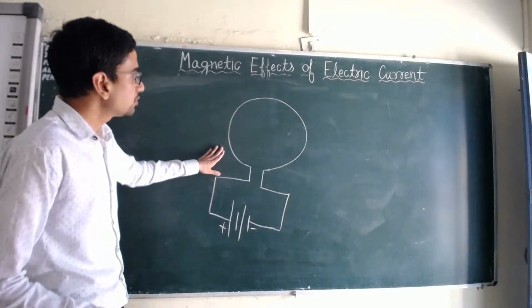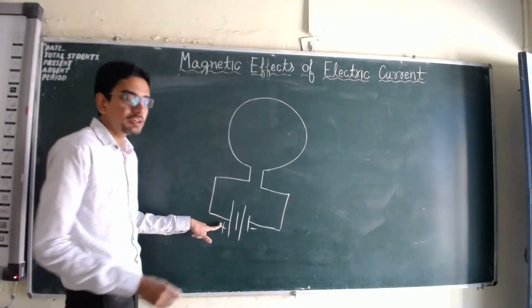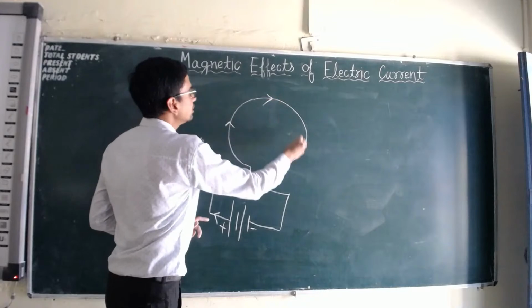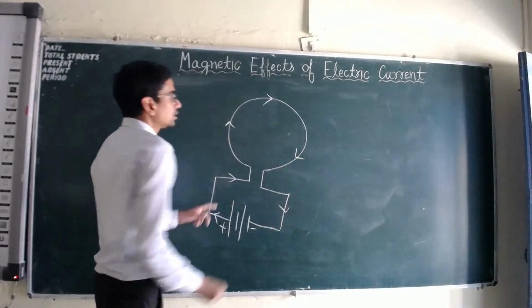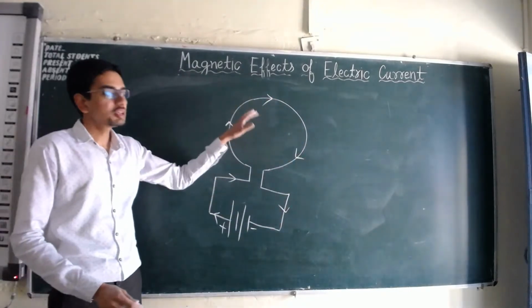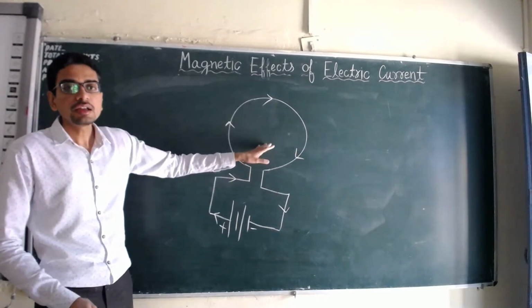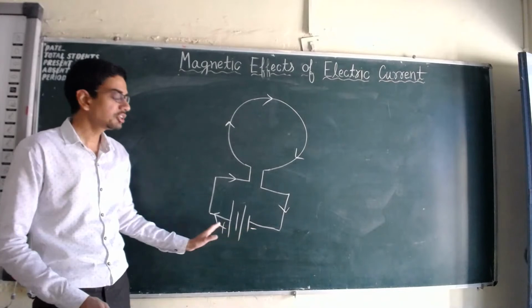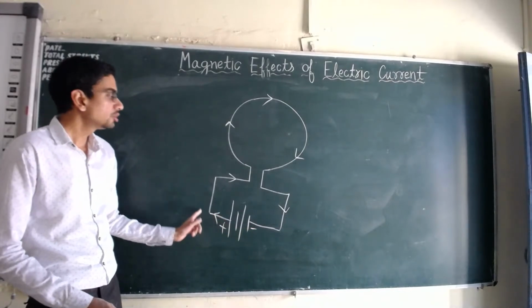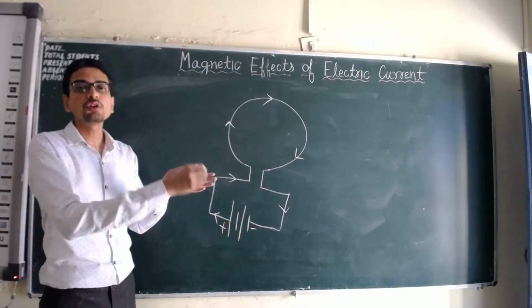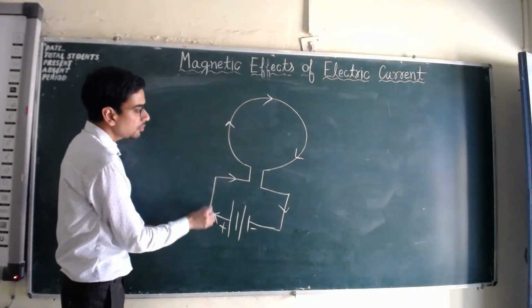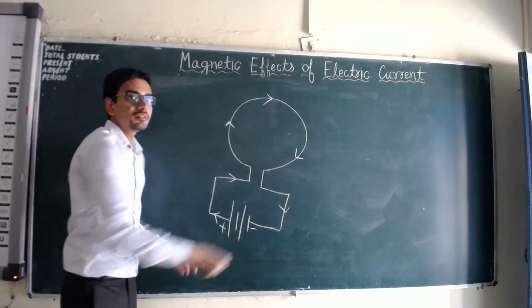This is a circular wire, okay, and direction of current will be from positive terminal to negative terminal. So in this wire, direction is clockwise, okay. एक circular wire है, you attach this wire to a battery, and direction will be from positive to negative. So if you make this diagram in your notebook, you will understand that direction is from positive to negative terminal.